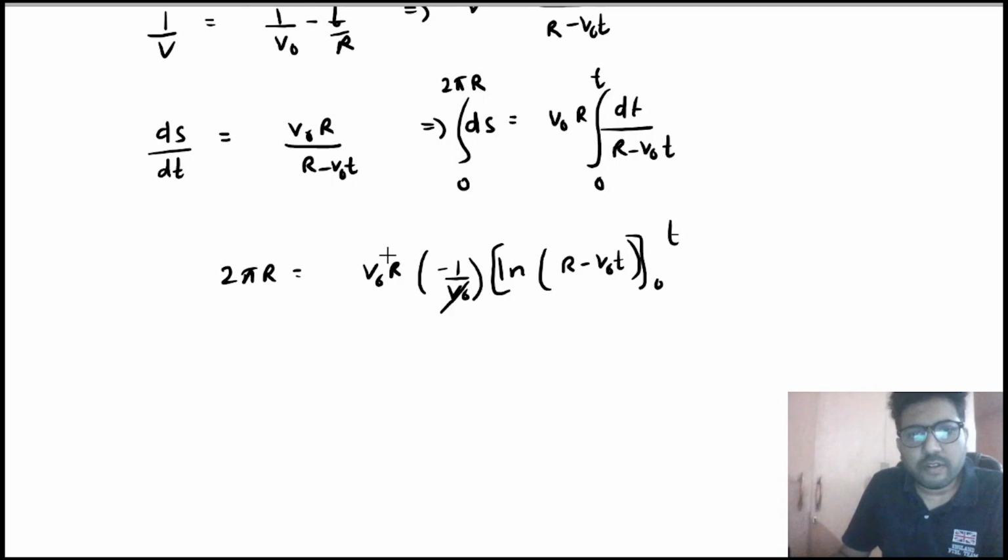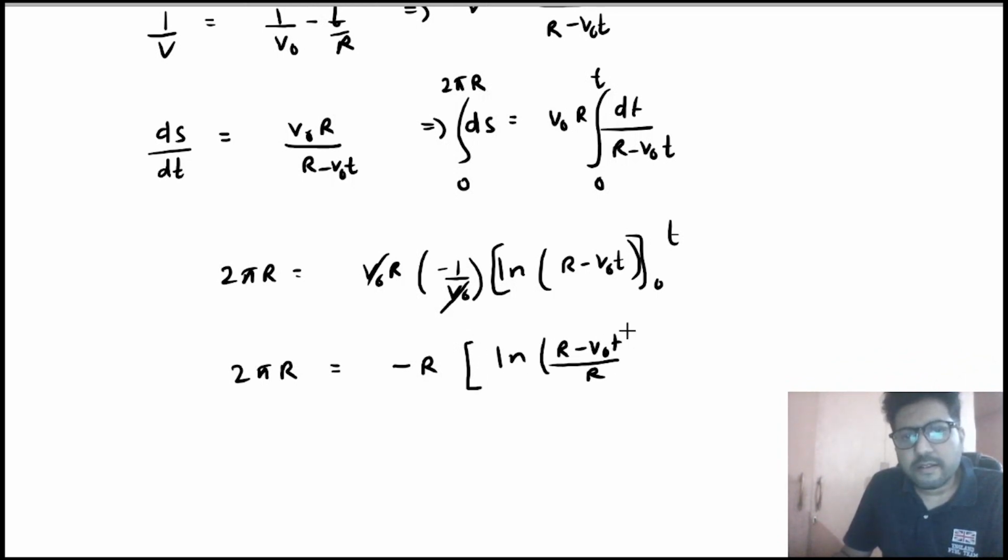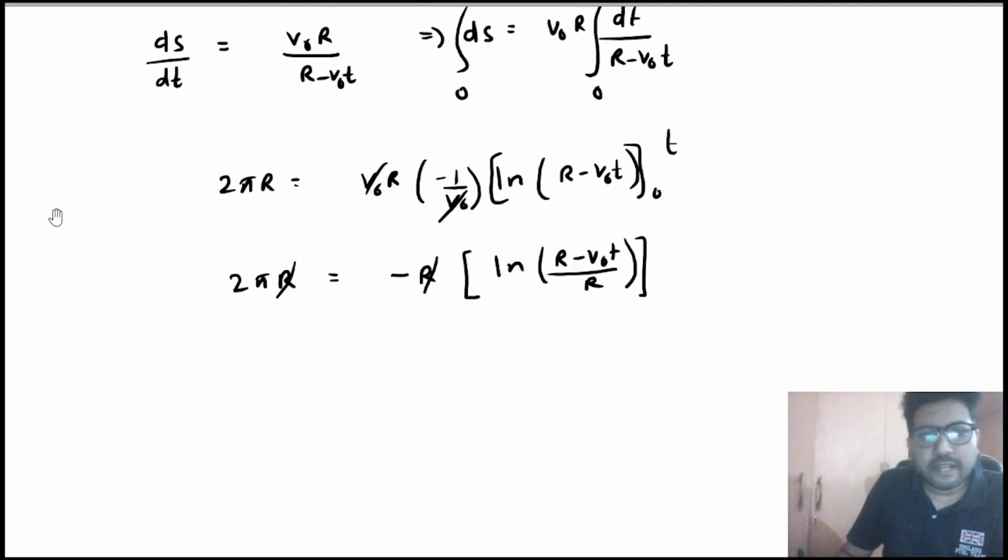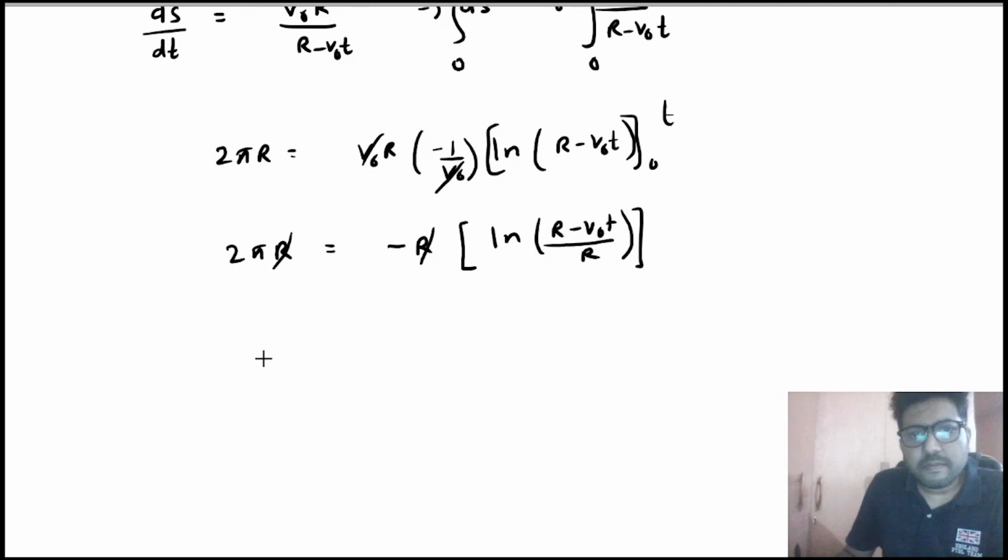v naught cancelled, you will get 2 pi r is equal to minus r multiplied by ln r minus v naught t divided by r. When you put the limits, r getting cancelled, you will get ln, or you can say you will get r minus v naught t is equal to r e power minus 2 pi.